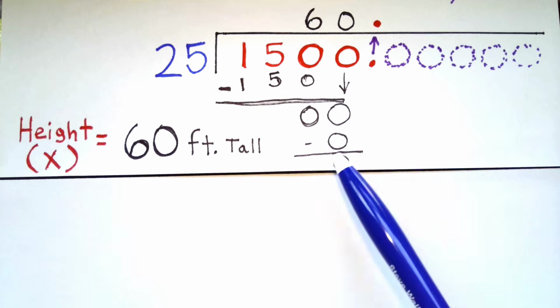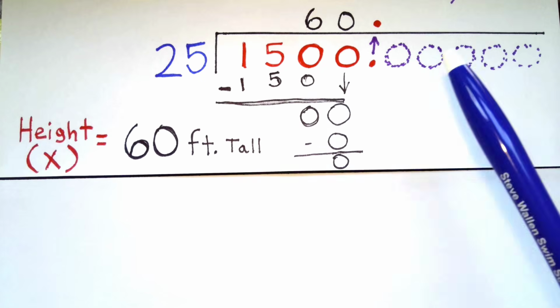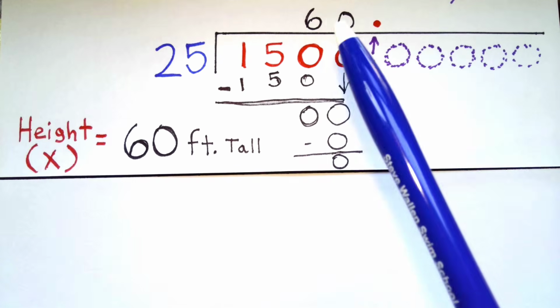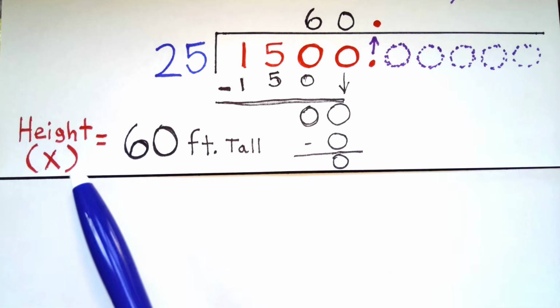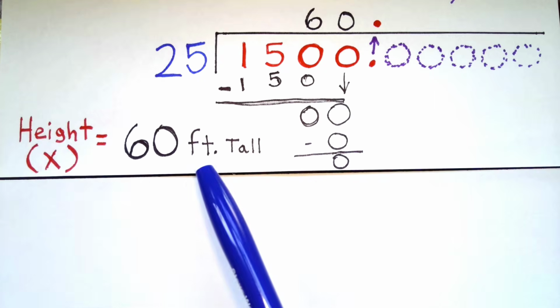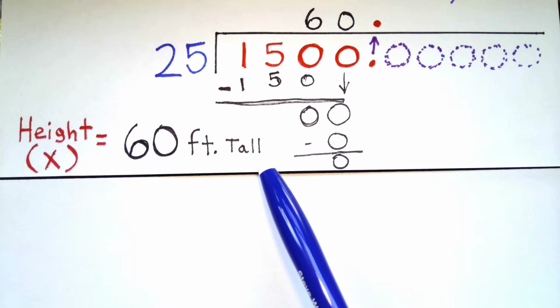When I subtract 0 from 0, I'm left with 0. And I could keep doing that, bringing down all these zeros, and it'd be 0.00000. So I can stop. 60 is my answer. The height of the New York building is 60 feet tall.